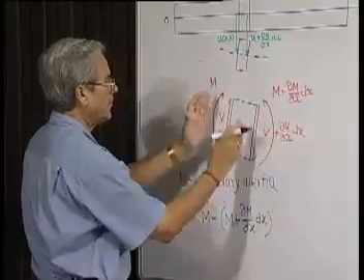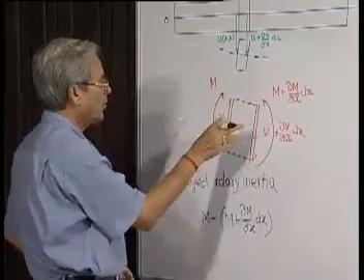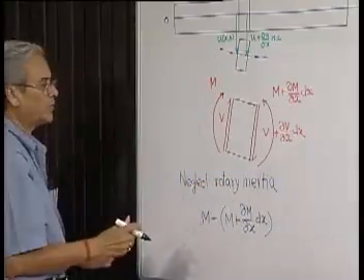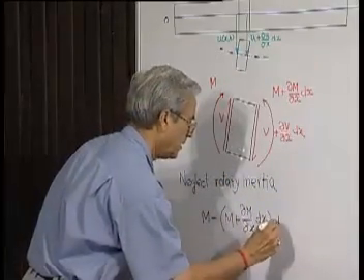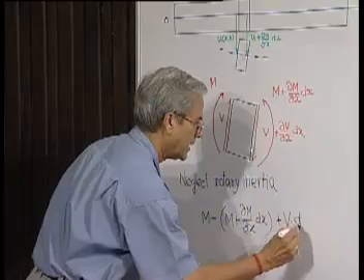This is slightly different from V, but nevertheless the total moment produced by two parallel and opposite forces will be V into dx.